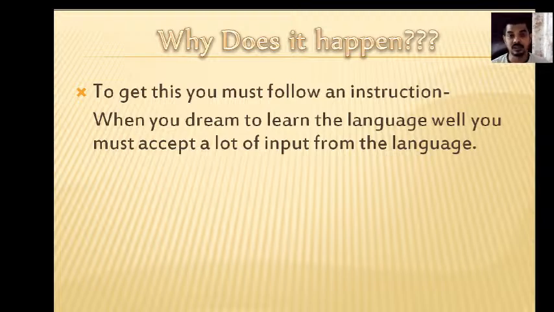When you want to learn a language, you must acquire it, by accepting what? Many inputs. So inputs are essential. So what's the input? Obviously the inputs are different types of sentences, different verbs, vocabulary, how to manage and how to express things in that particular language, and that's the input.